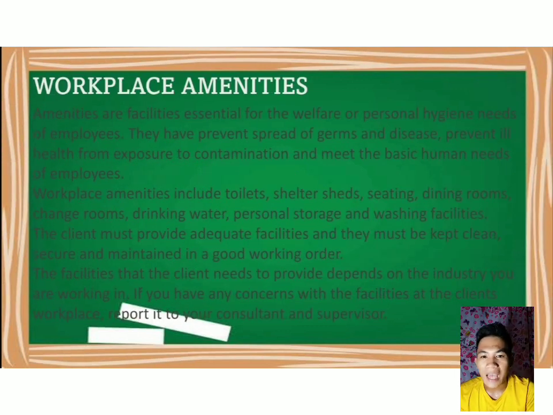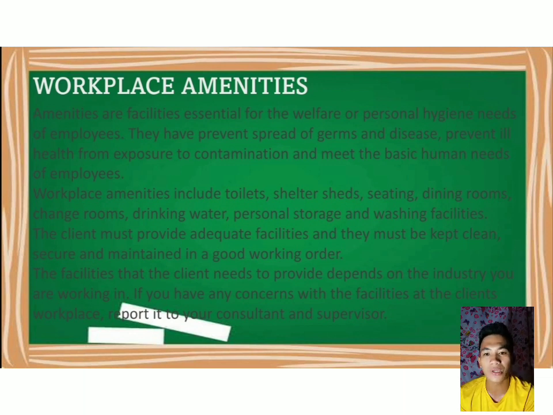So, workplace amenities. What are workplace amenities? Amenities are facilities essential for the welfare or personal hygiene needs of employees. They prevent the spread of germs and disease, prevent ill health from exposure to contamination, and meet the basic human needs of employees.